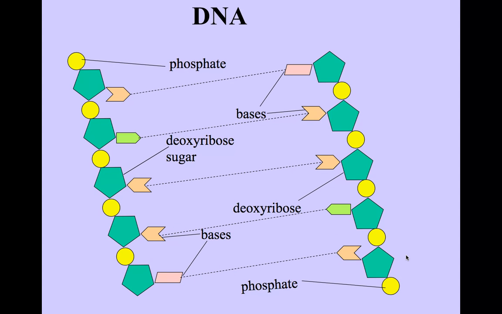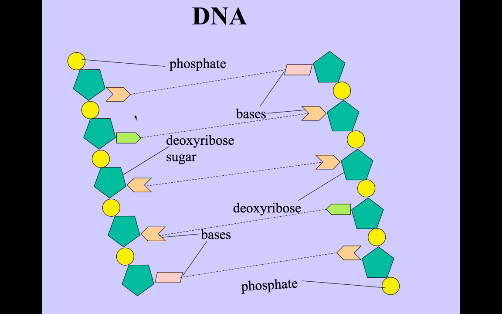So if we look at that ladder, you're going to see on the side the phosphates and the sugars, in yellow and green here. They're just repeating: phosphate, sugar, and then there's the base; phosphate, sugar, base. Remember, one of those is a nucleotide. The DNA molecule could have hundreds of thousands of these, or even millions. Same thing's happening on the other side.